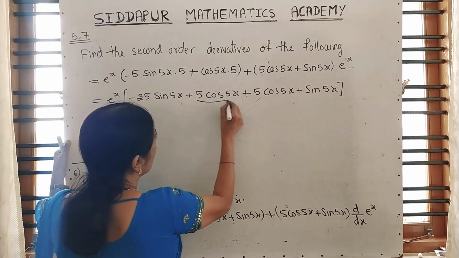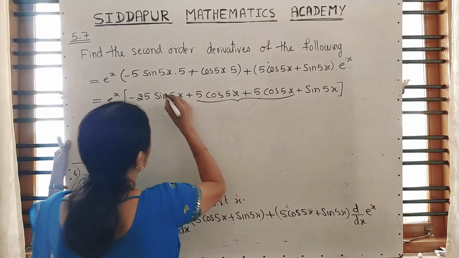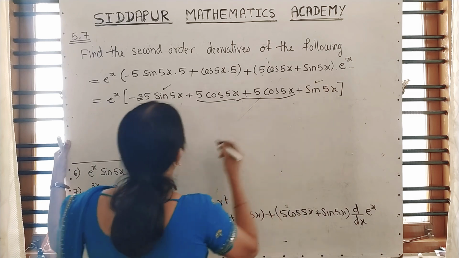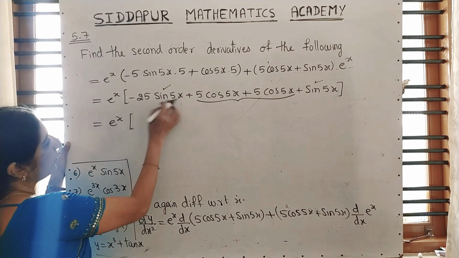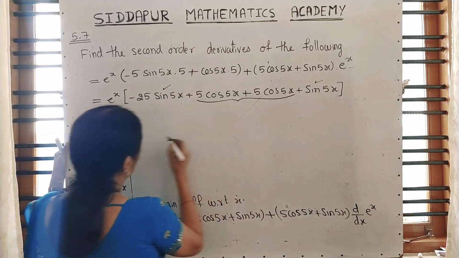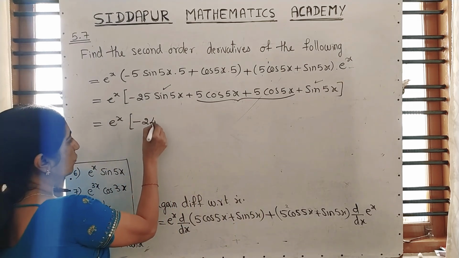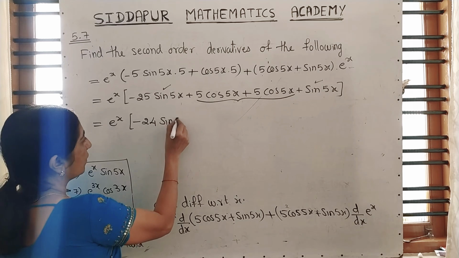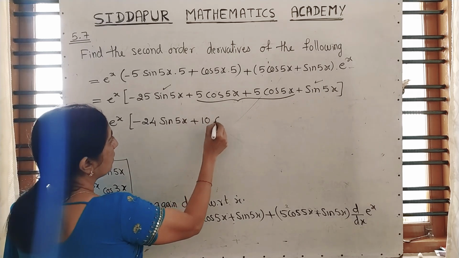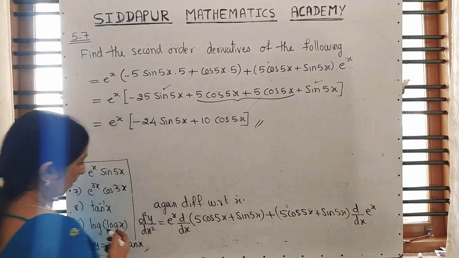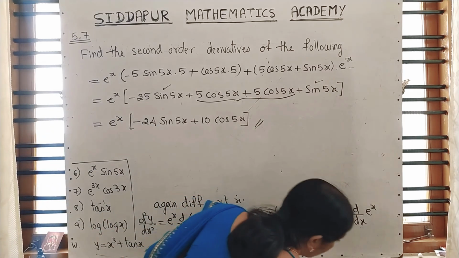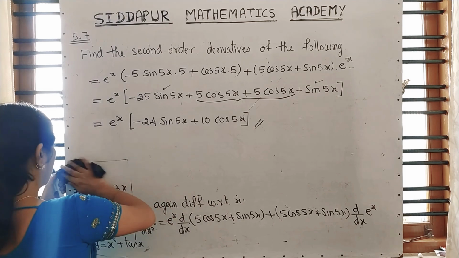See, these two terms are like terms, and these two are also like terms. So e raised to x times minus 25 sin 5x plus sin 5x is minus 24 sin 5x, plus 10 cos 5x. This is the answer. Moving to the next question, that is question number 7.